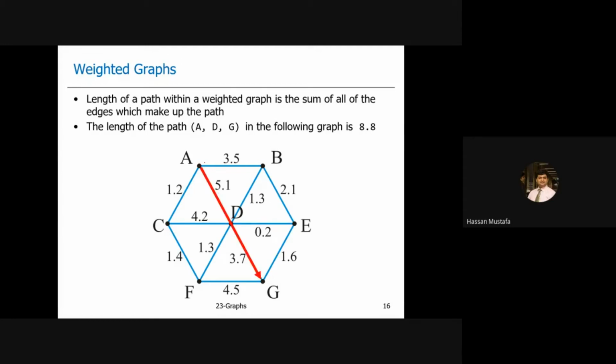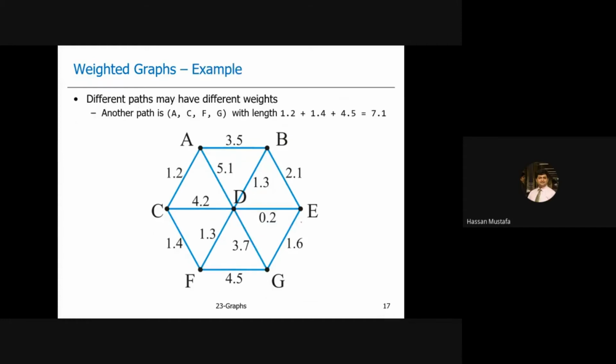So on this specific path from A to G, we have taken two edges. On this simple path, the cost is 5.1 plus 3.7, so the cost is 8.8. So the cost to reach G from A is 5.1 plus 3.7, that is 8.8.